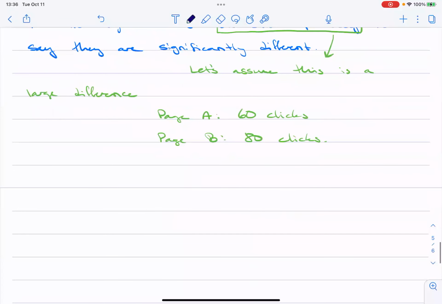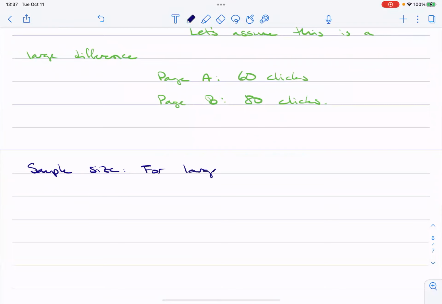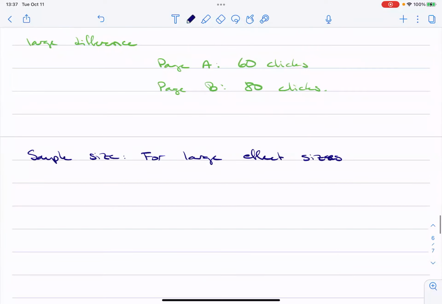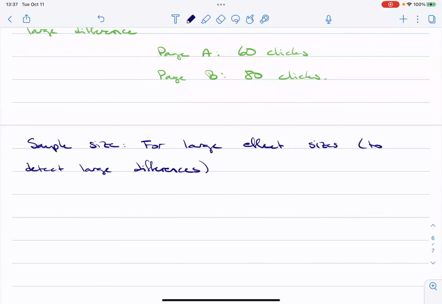So for our sample size, for large effect sizes, which really means to detect large differences, if there's a huge effect size, then we don't really need to collect that much data before it starts showing that there is a difference here.